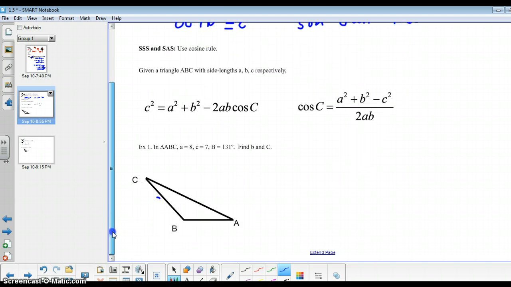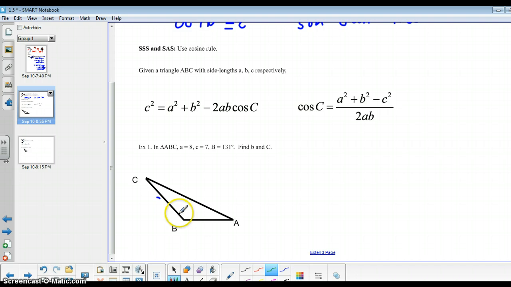In our first example, we have triangle ABC, where side length A is equal to 8, side length C is 7, and angle B is 131 degrees. They want us to find B and C. Always your first step is to set up your unknown so you know what you're finding.